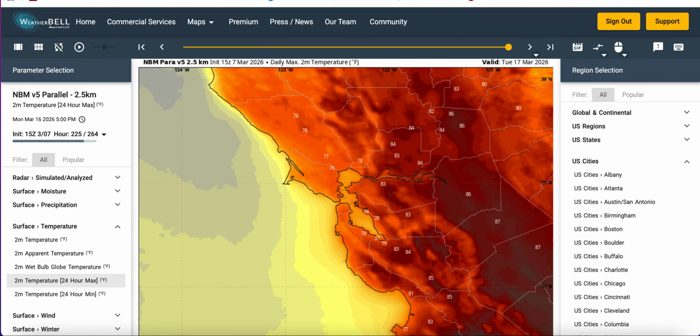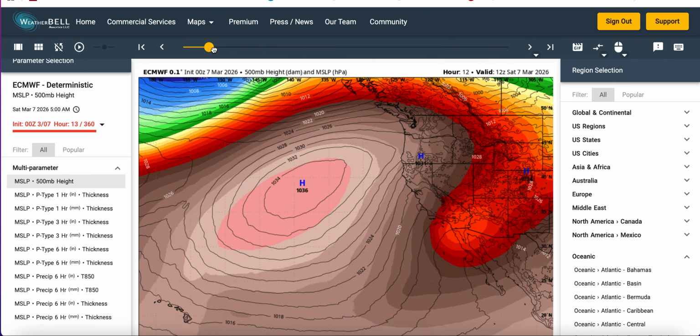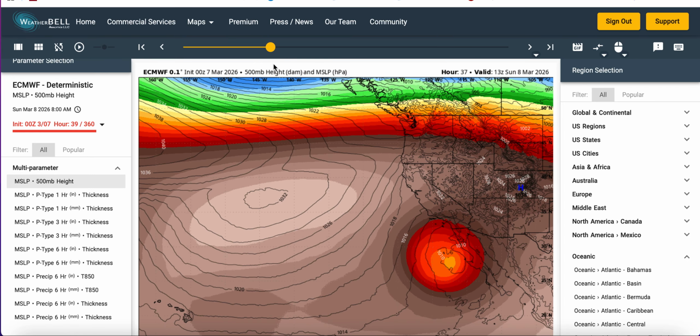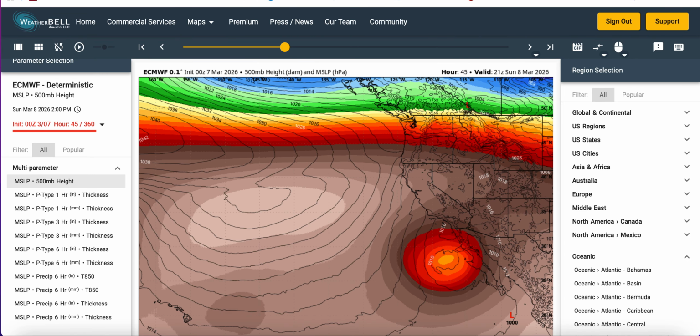But looking quite warm, not looking like a lot of rain if you look at the long range model here. Unfortunately, this big ridge of high pressure sort of persists. You see the storm track continuing way to the north. To demonstrate here, this is the storm track. So Seattle, Portland will still get some good rain, but down here we're pretty dry.